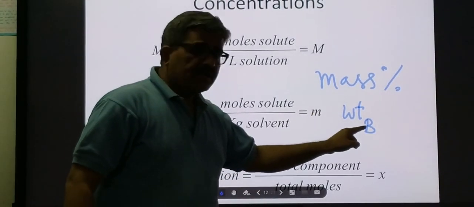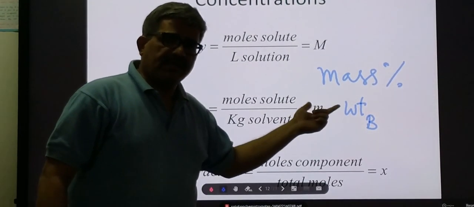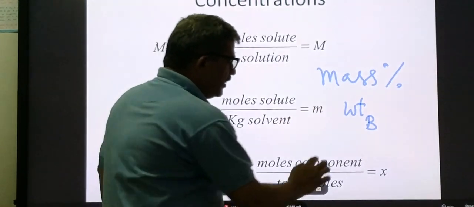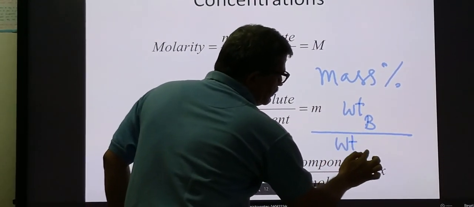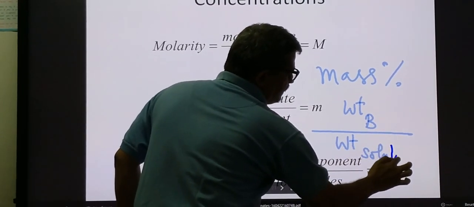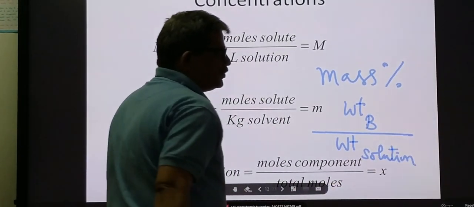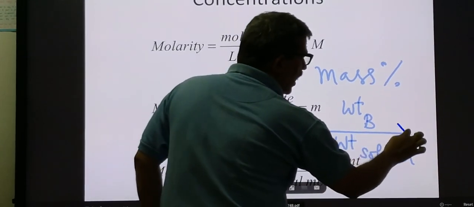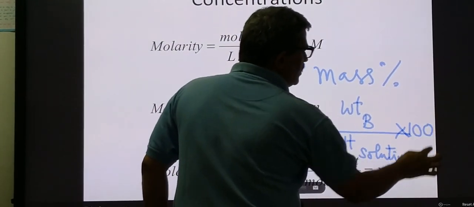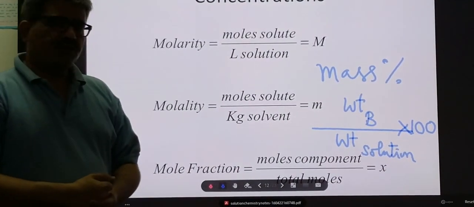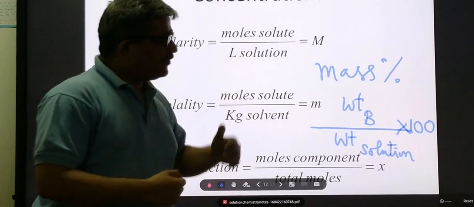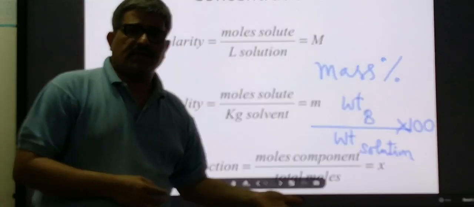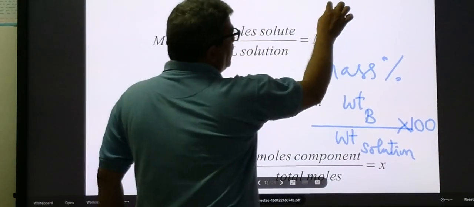Usually we take solute as B, solvent as A. So weight of B divided by weight of solution into 100. This is mass percentage. Do you understand? In the same way, you have volume percentage. What is volume percentage?